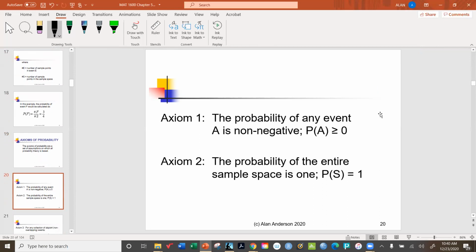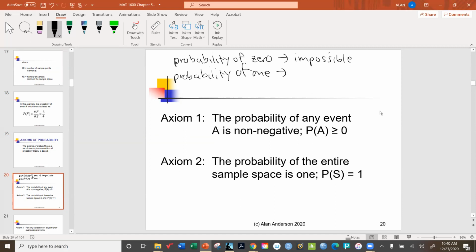First of all, no event can have a negative probability. Okay, in other words, what would that mean? So, by the way, there's an assumption going on here that a probability of 0 means the event is impossible. A probability of 1 is understood to mean definite.